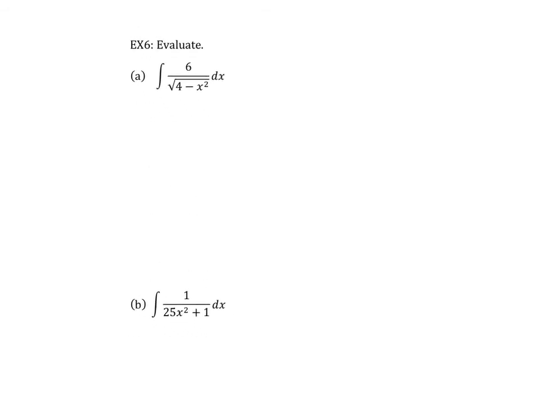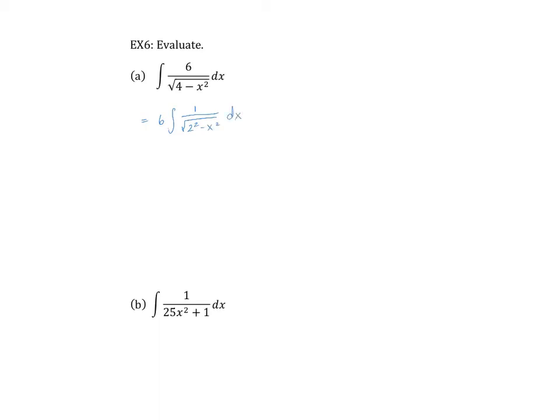Okay, so when we evaluate these integrals, the thing is we have to make it look exactly the same as the integrand. Okay, so this first one, example 6a, it's fine. One thing I could see right away is I could take out the 6. And notice in my integrand, 4 is 2 squared minus x squared.